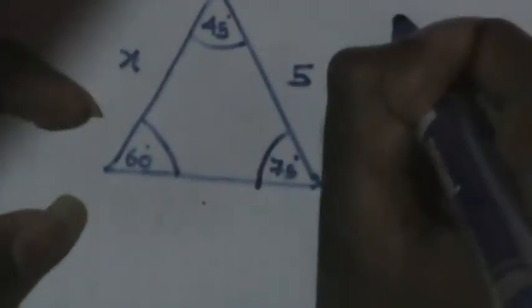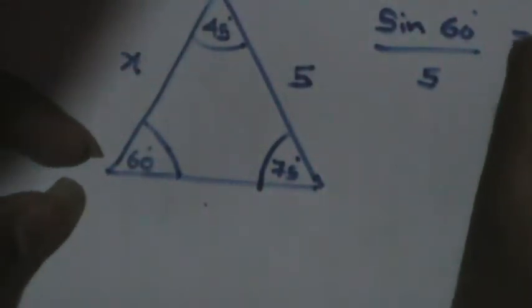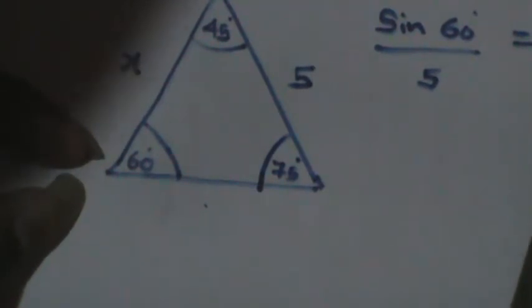From the sine law, we can say sine 60 by 5 is equal to sine 75 by x. So x is equal to 5 times sine 75 divided by sine 60.